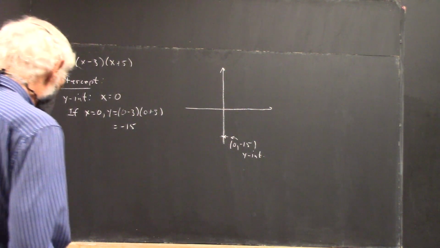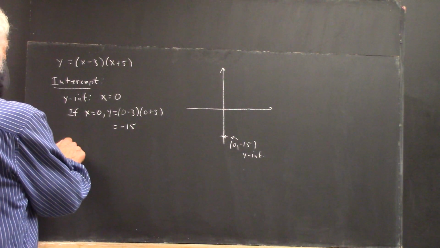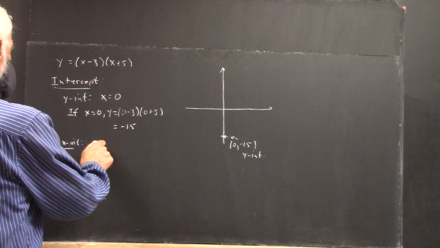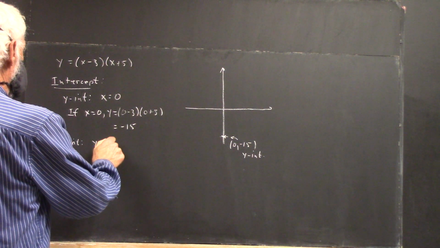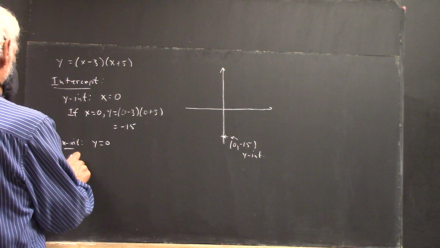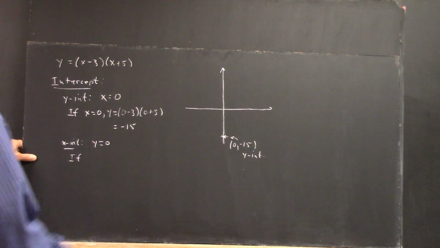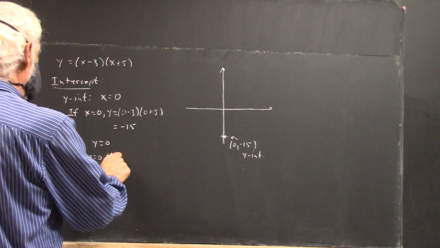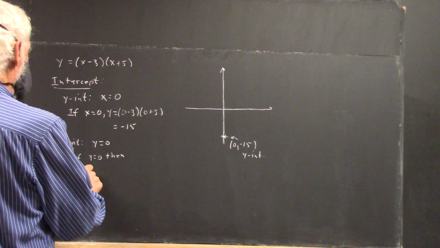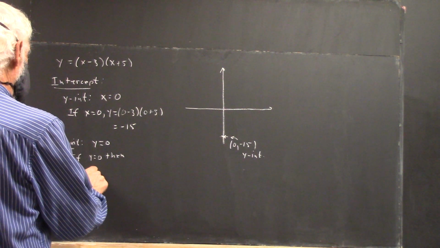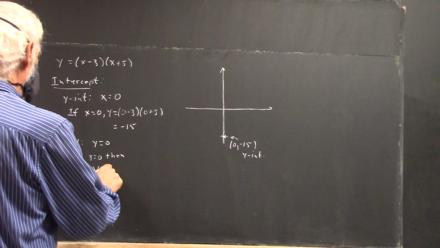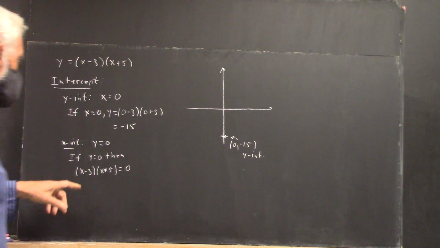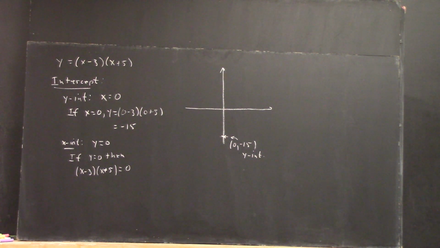Okay, well, the x-intercept is a little bit trickier. An x-intercept occurs when y is 0, and if y equals 0, then (x minus 3) times (x plus 5) equals 0.